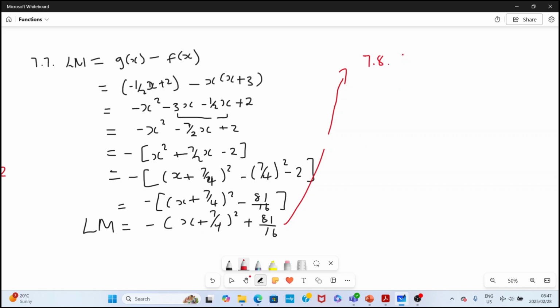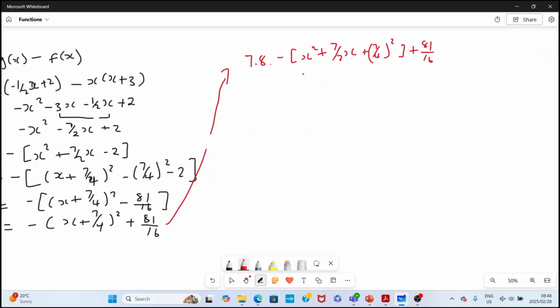If we keep the minus, we'll have x squared plus 7 over 2x, and then plus 7 over 4 squared, and then outside the bracket we have plus 81 over 16.